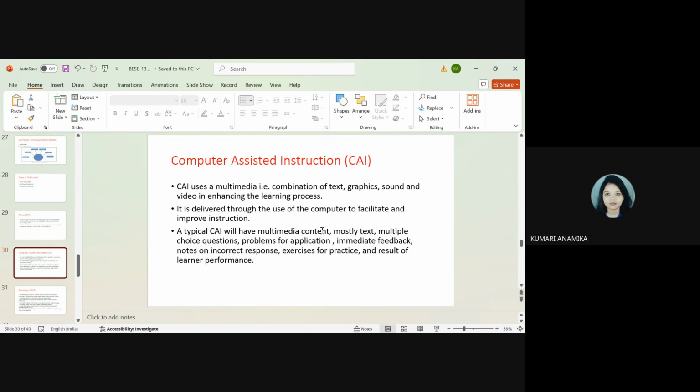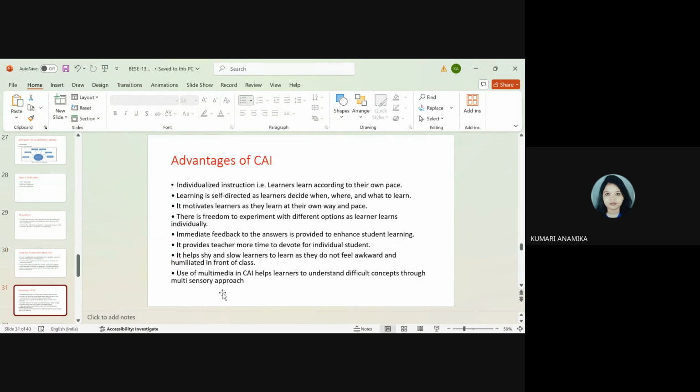It is delivered through the use of the computer to facilitate and improve instruction, and a typical CAI will have multimedia content, mostly text, multiple choice questions, problems for application, immediate feedback, notes on incorrect response, or exercise for practice, and result of learner performance. We have these features in computer assisted instruction. So next we will see what are the advantages of CAI.